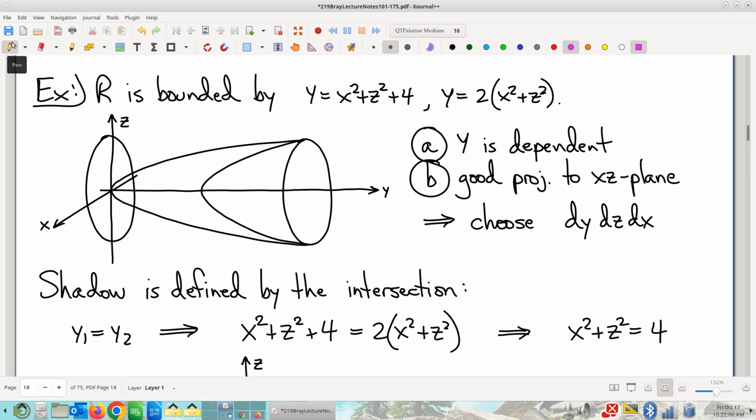And let's, for example, do a dz slice on the outside. What would that look like if I take a horizontal cross section of this weird solid? It's something along the lines of something kind of like that. Does that make sense?